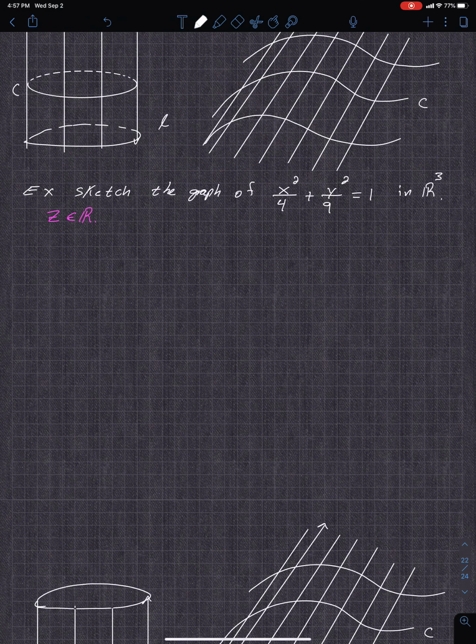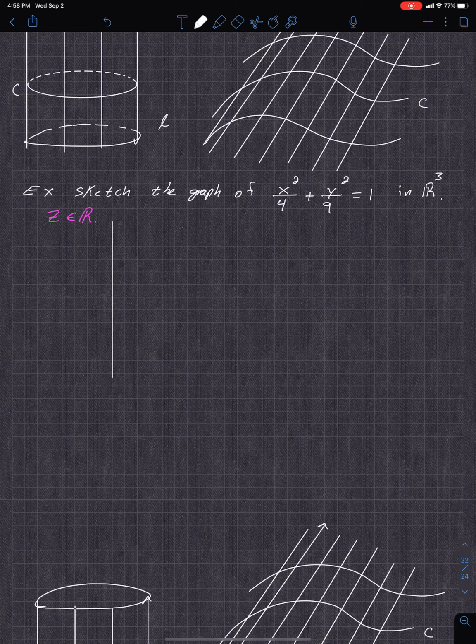So this is kind of the general way of sketching and doing things. And what you can do is sketch in whatever variables those are. So if that's x and y, you do it in 2D first. So let's sketch that in 2 dimensions first.